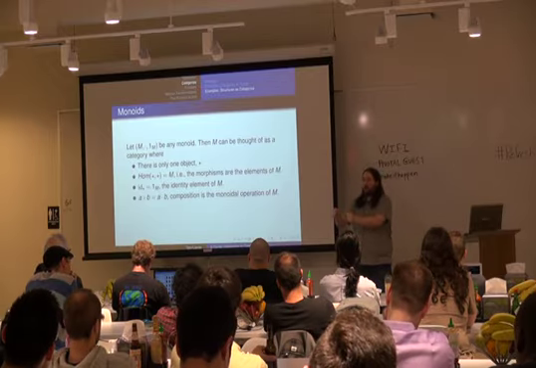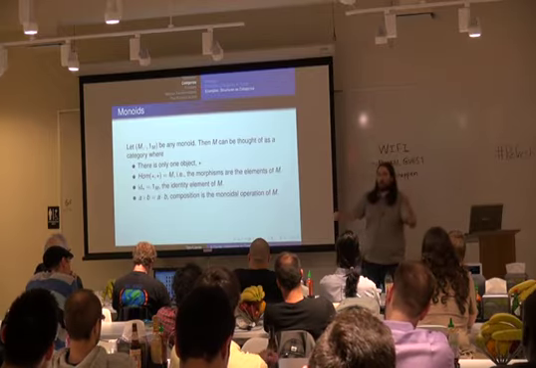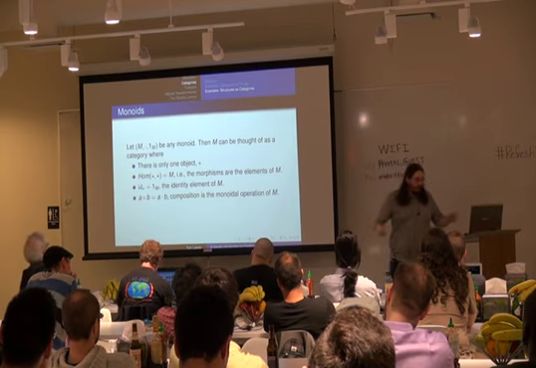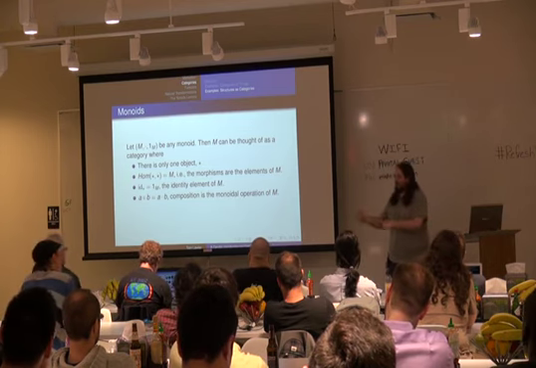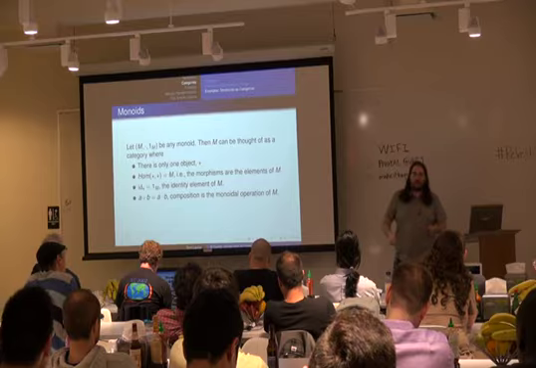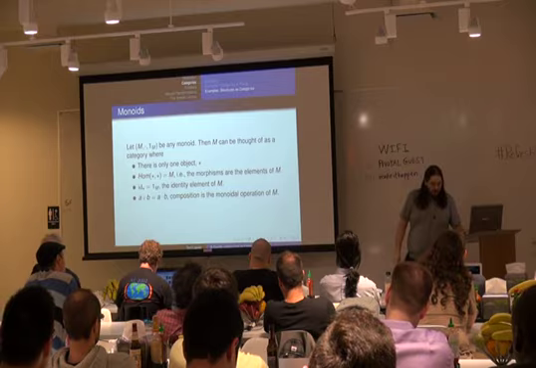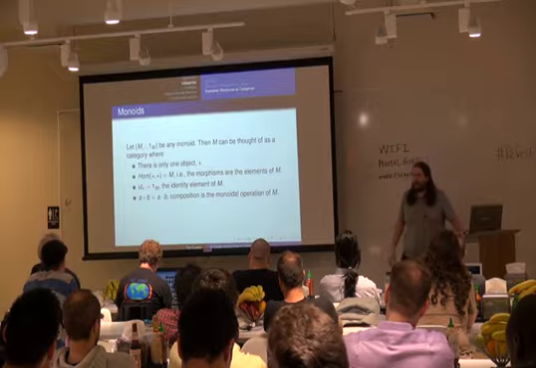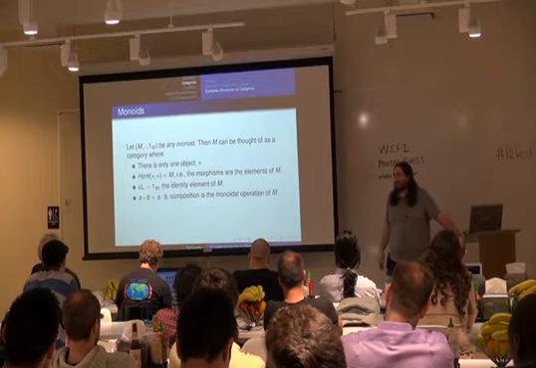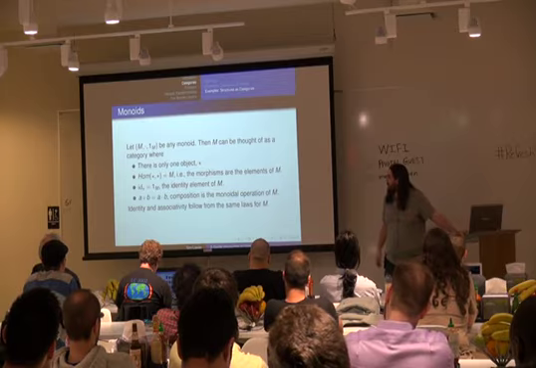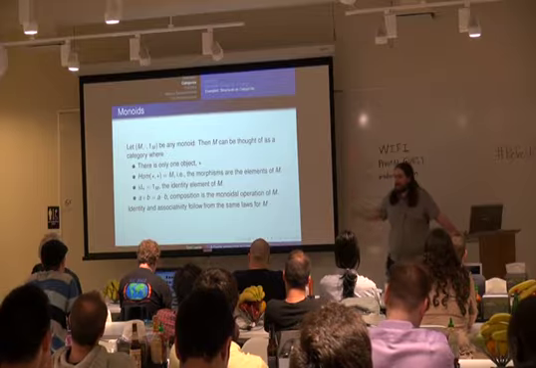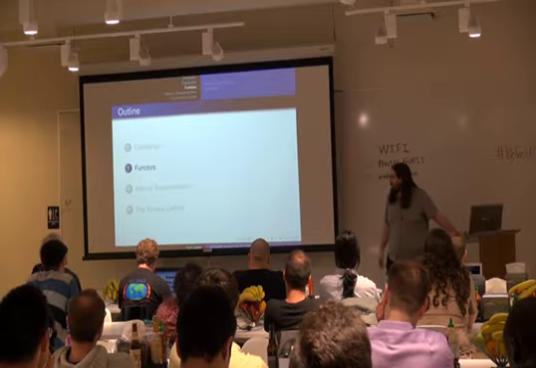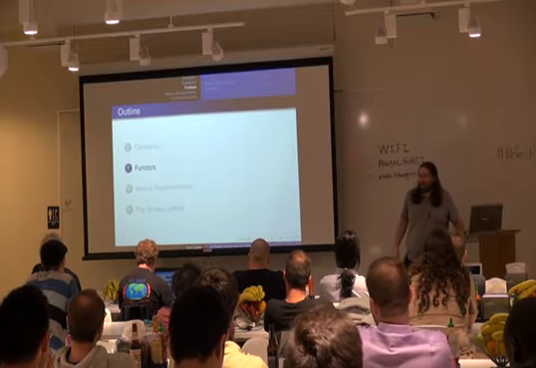But if there's only one object, any morphism can compose with any other morphism. So categories with one object are monoids, and monoids are categories with one object. I'm going to be going back and forth across that isomorphism silently a couple times during this talk. Identity and associativity are just from the monoid laws.